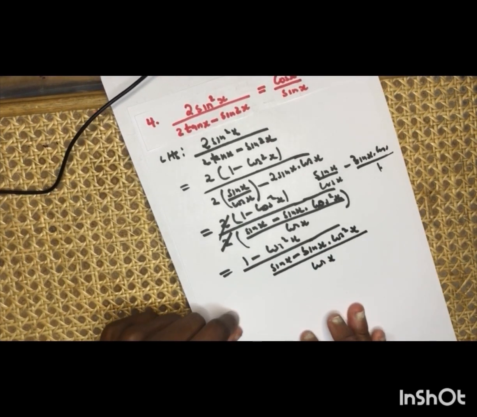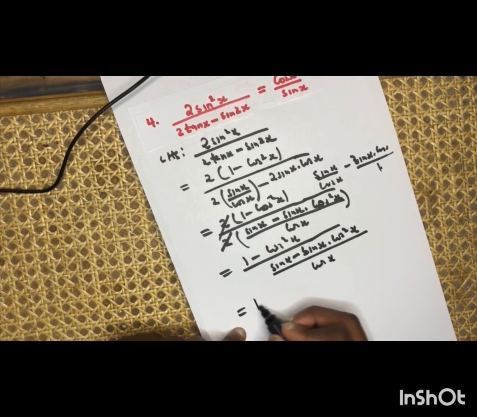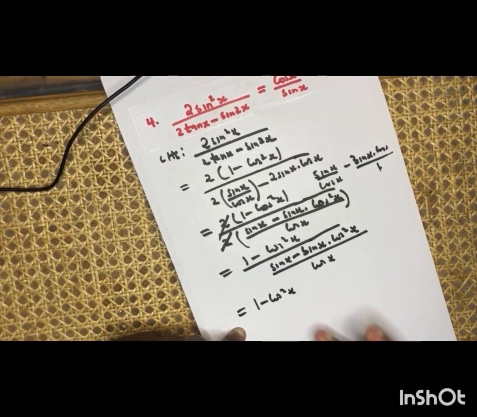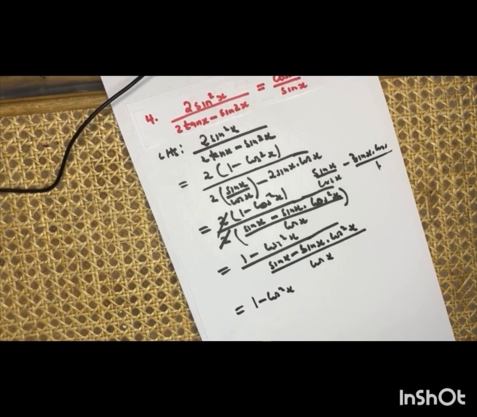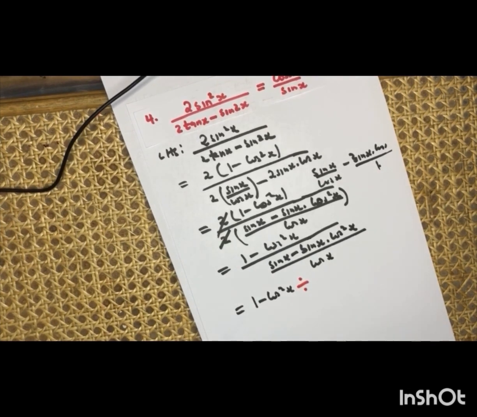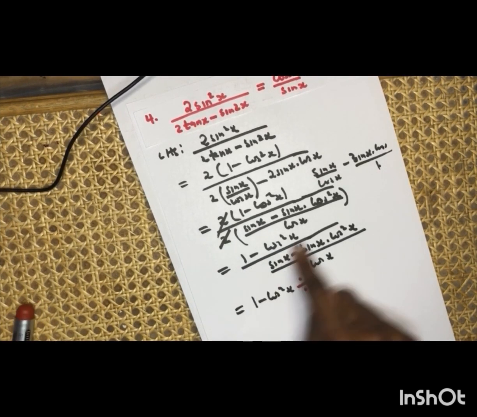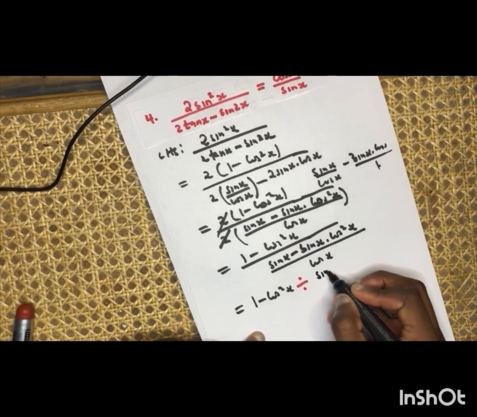Now it's easy, good people. Very easy. Now we have 1 minus cos squared x, and I'm going to put the division that we know, which is a divide. So this division is this one, and this fraction is sine x.